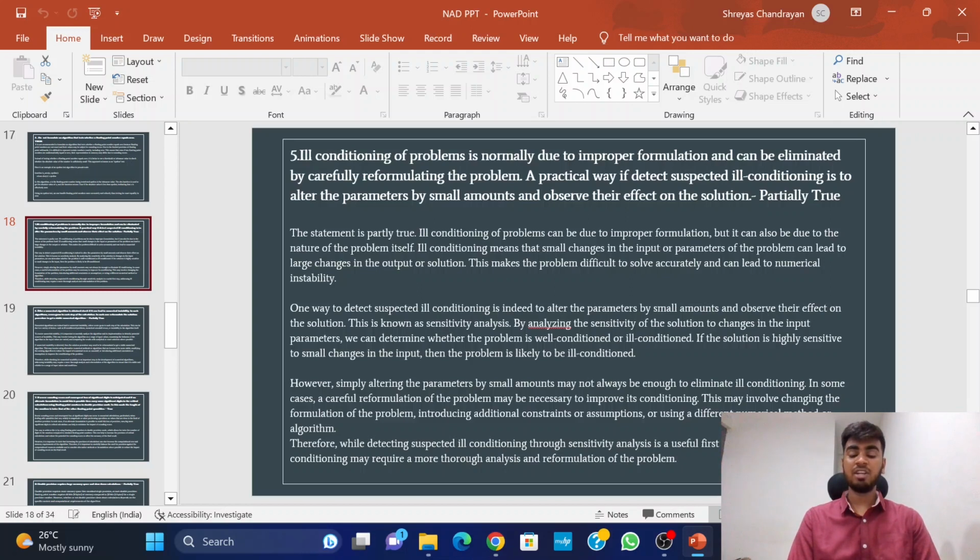A careful reformulation of the problem may be necessary to improve its conditioning. This may involve changing the formulation of the problem, introducing additional constraints or assumptions, or using a different numerical method or algorithm. Therefore, while detecting suspected ill conditioning through sensitivity analysis is a useful first step, addressing ill conditioning may require a more thorough analysis and reformulation of the problem.